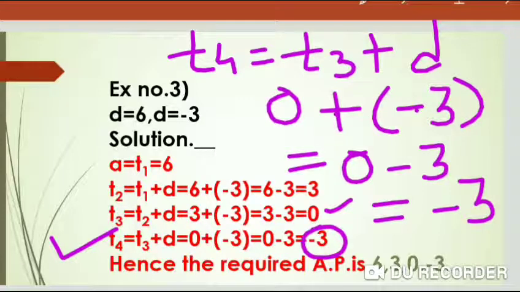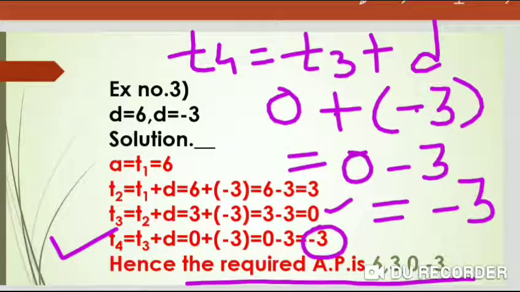See this fourth term. Okay. Therefore, the required AP is 6, 3, 0 and minus 3. Okay. See this 6, 3, 0 and minus 3. This is the required AP.